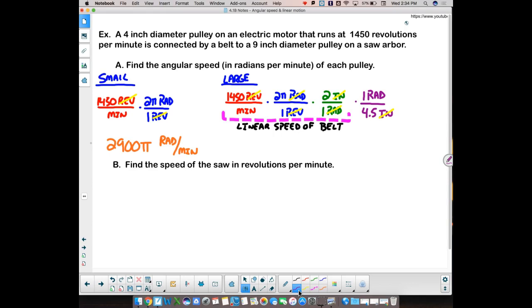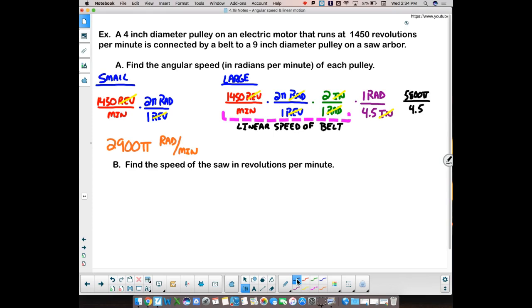Well, if I do this math, I get 1450 times 2 is 2900, times 2 is 5800 pi over 4.5. Mathematically speaking, what's wrong with that fraction? There's a decimal in it. We don't like decimals in it.